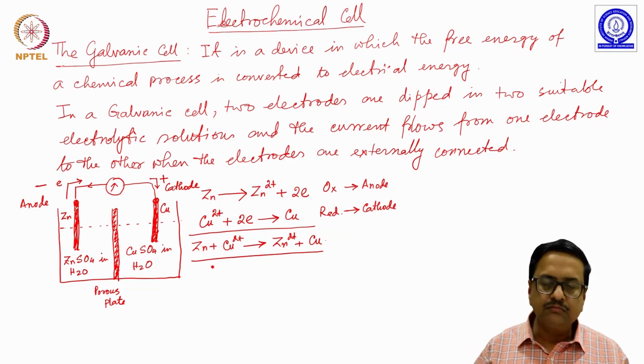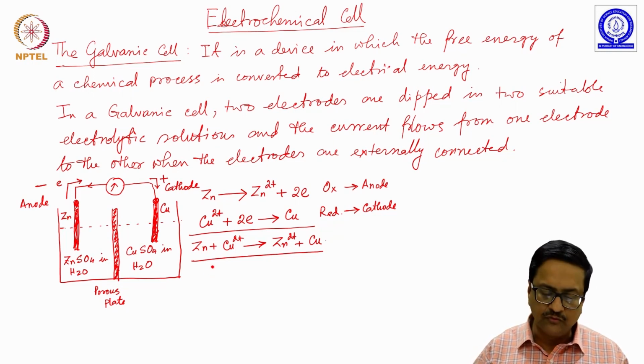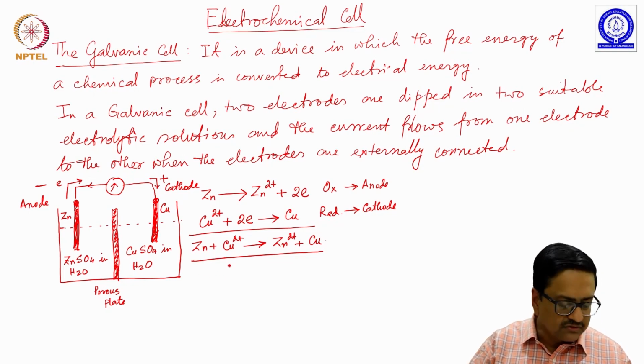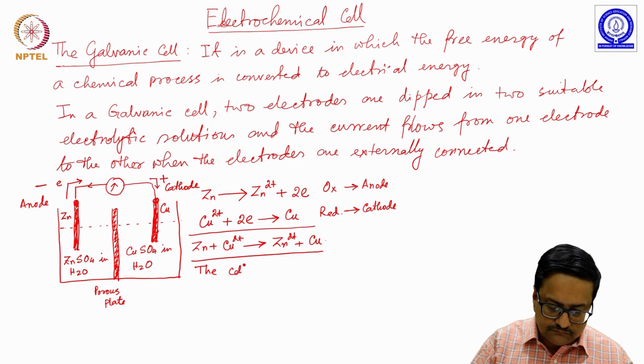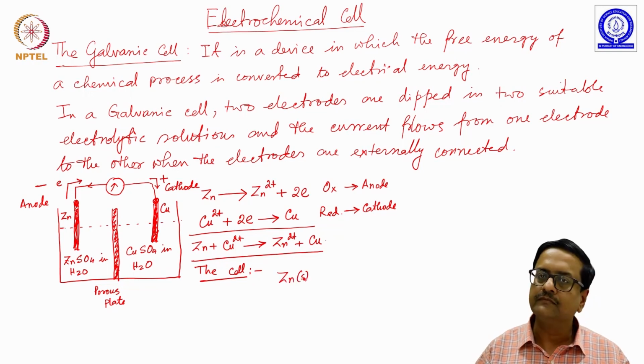So instead of drawing this picture in your notebook, one can write this cell in a simple one line way, and this is how one should write the cell. On the left hand side you have zinc solid as electrode.